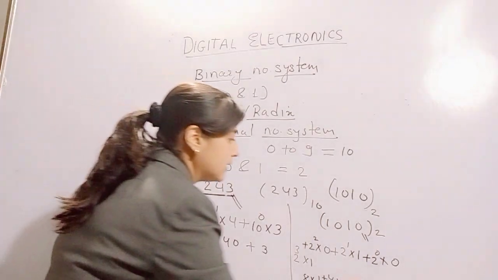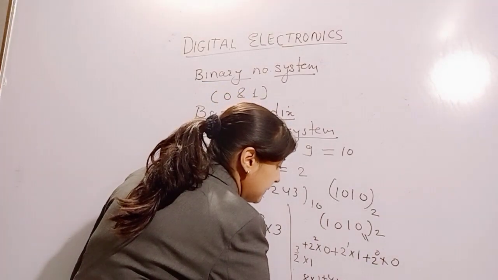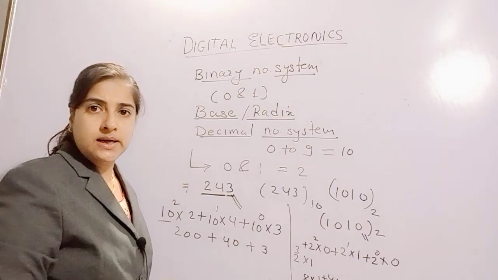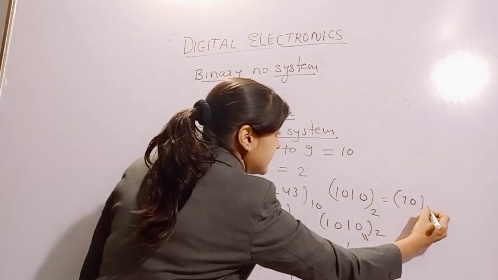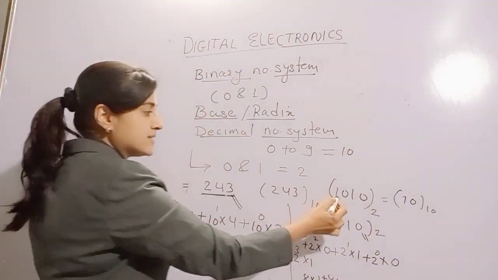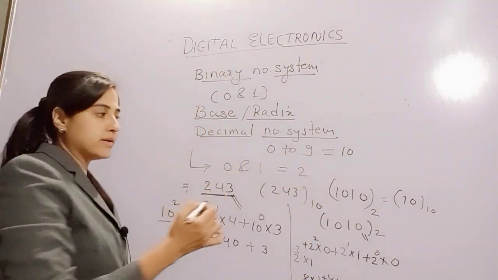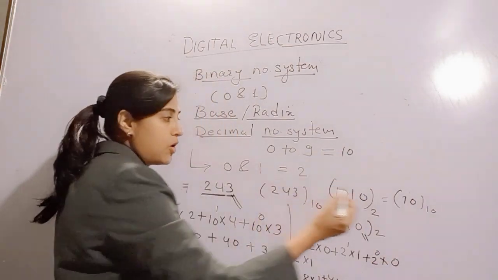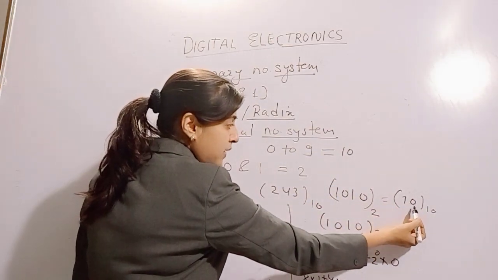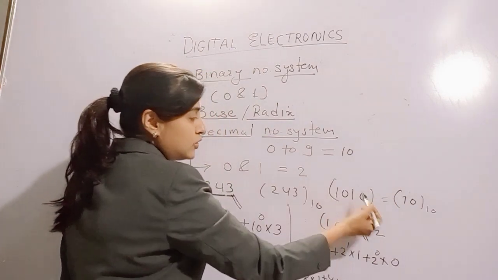So that will be 10. We can say that this number 1010, which is in binary, is the same as the number 10 in decimal, or 10 is the decimal equivalent of the binary number 1010.